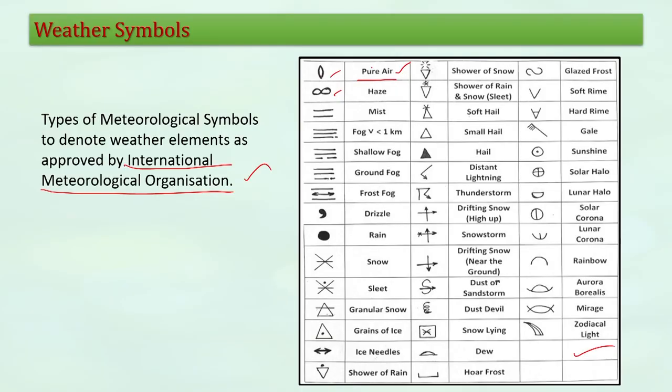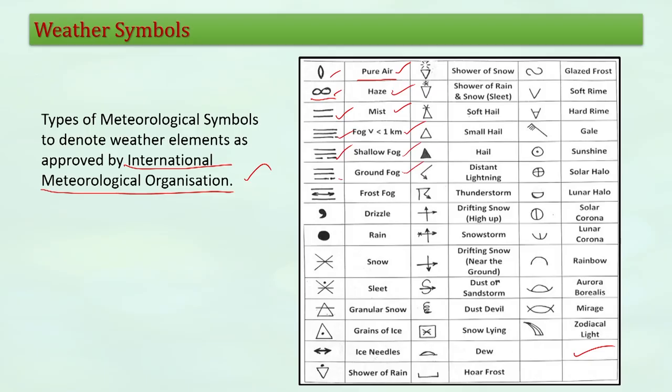This represents pure air, this symbol represents haze, this symbol represents mist, this symbol represents fog, where visibility is less than 1 kilometer, this represents shallow fog, this is ground fog. Similarly, it goes on.